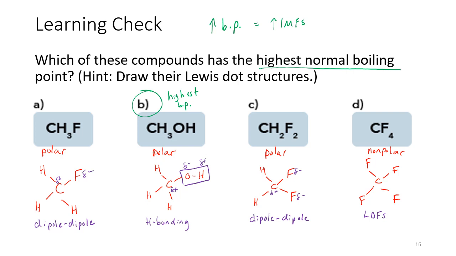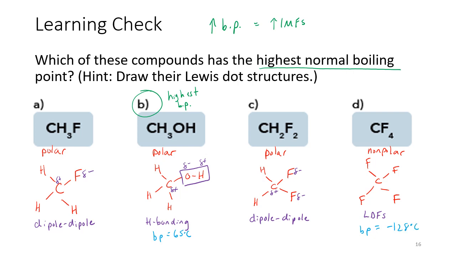Methanol has a boiling point of 65 degrees Celsius, and all the trends we saw with our other molecules, whether they were polar or nonpolar and what intermolecular forces they had, will show up in their boiling points as well. CF4, which was D, had only London dispersion forces, so this should have the lowest boiling point of them all. And CF4's boiling point is negative 128 degrees Celsius.